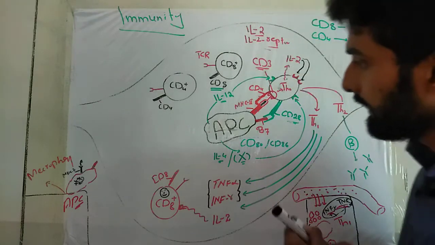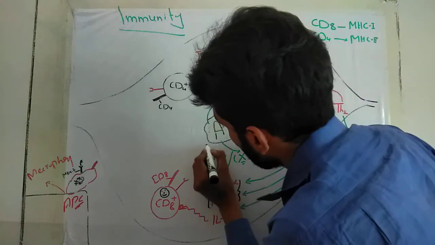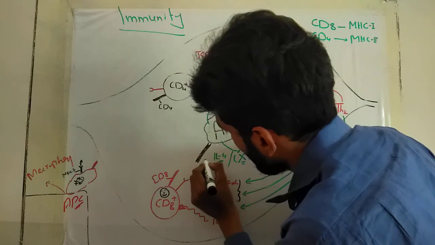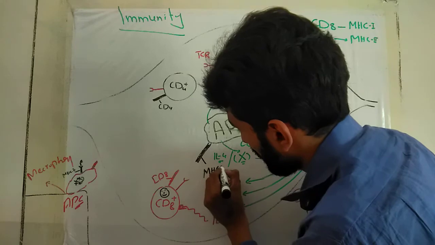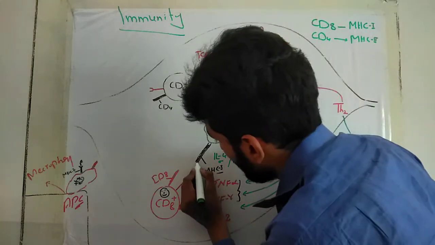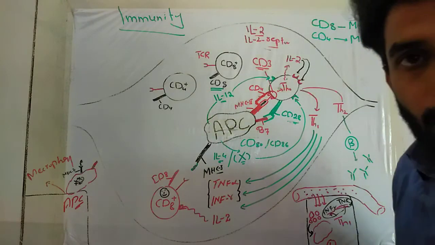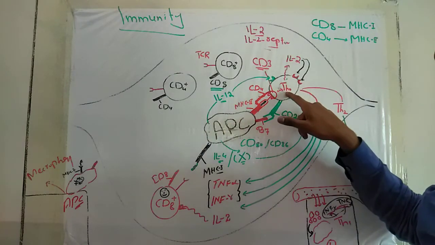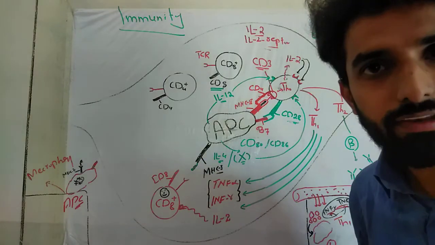On its MHC-1, it will again present the same antigen that it has presented on MHC-2 to the Th0. It will present it on MHC-1 to the CD8 or cytotoxic T cell.